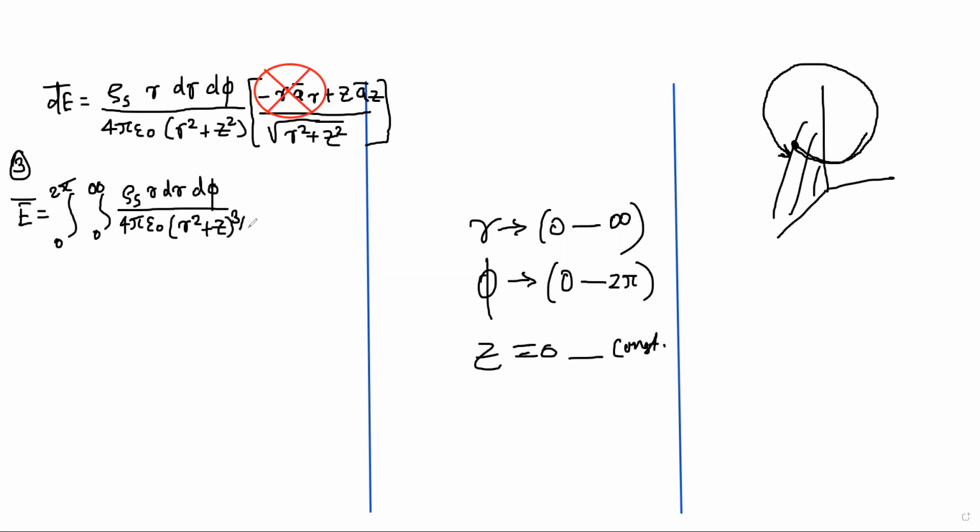Here what is remaining? Just now I told you the radial component is cancelled. Only the thing remaining is z a bar z.